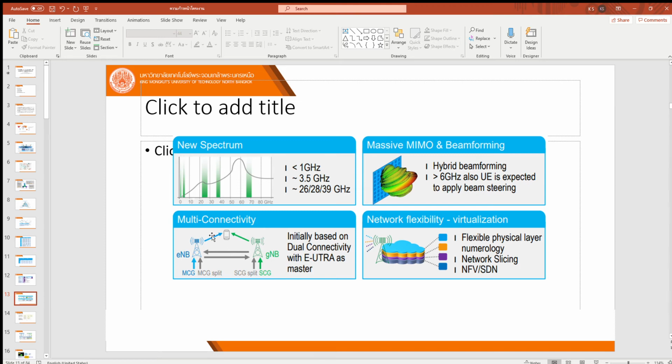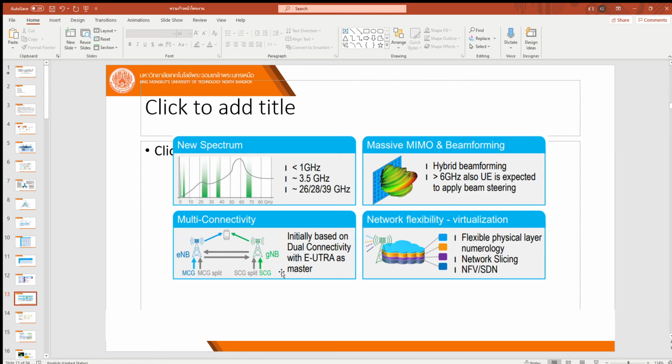And you can go for another one we call multi-connectivity. When we say multi-connectivity, we talk about how we're going to implement 5G into 4G LTE. For 4G LTE, normally we call it eNodeB or eNB. But for 5G, we call it gNB or gNodeB.